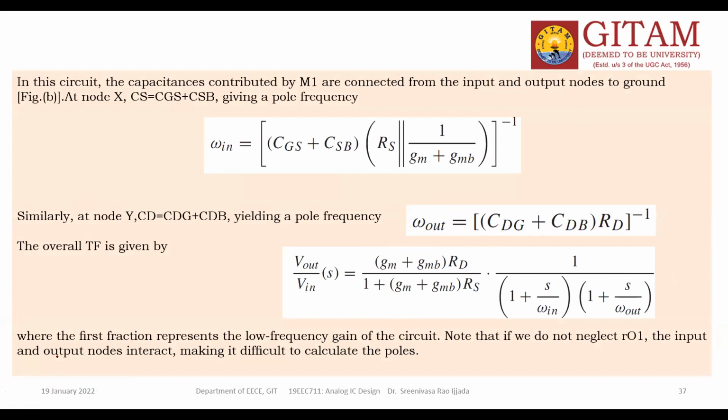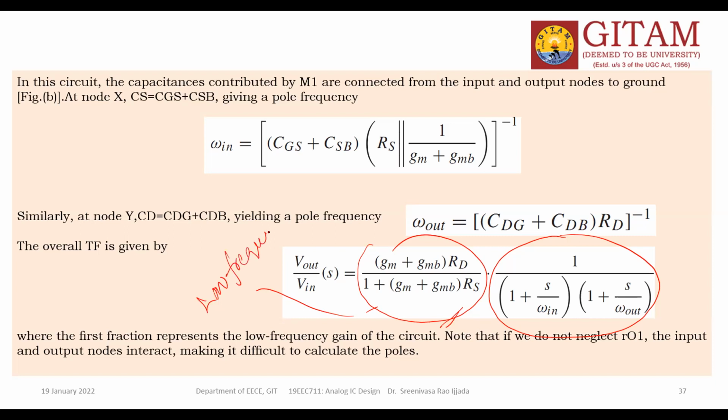This is one term, this is another term. Two terms are there in the transfer function. What is the first term? The first term is nothing but the low frequency gain of the circuit.